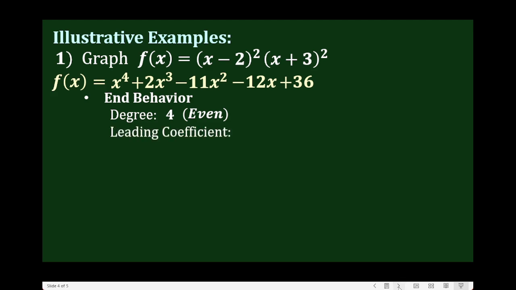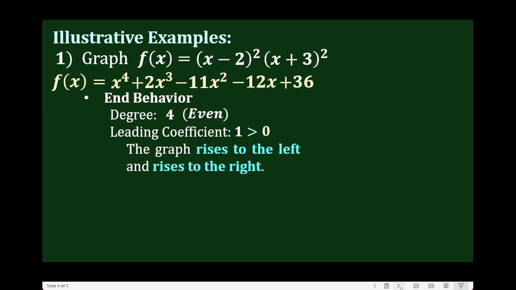And the leading coefficient, the one beside x to the fourth, is 1, or positive 1. And we know that positive 1 is positive, which is greater than 0. Therefore, we can say that the end behavior of the graph would be like this. The graph rises to the left and also rises to the right.